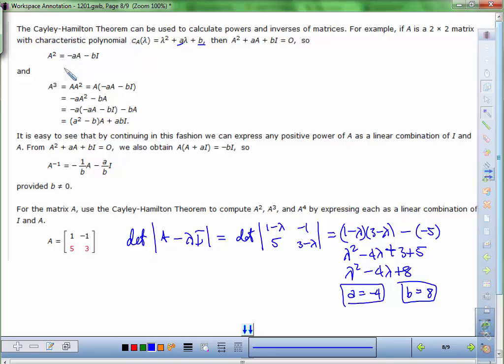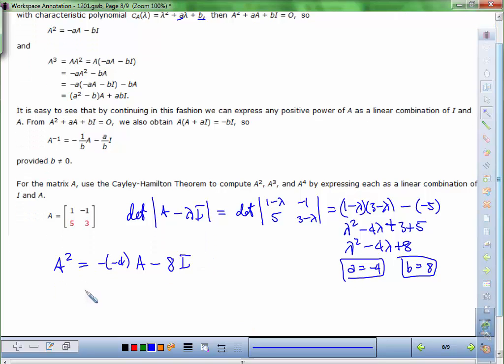So if we just simply use this formula, we get A squared is equal to -a times the original A minus b times the identity matrix. So what is that? This is +4 times A. I'm just going to go on and multiply everything by +4. So 4, -4, 20, 12.